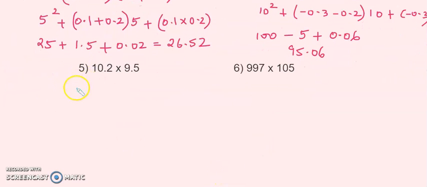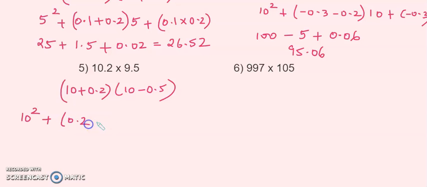Let's take the next one. This is 10 plus 0.2, that is 10.2, and 10 minus 0.5 is 9.5. So again, my x square is 10 square, a is 0.2, b is minus 0.5, multiplied by 10, plus 0.2 multiplied by minus 0.5.